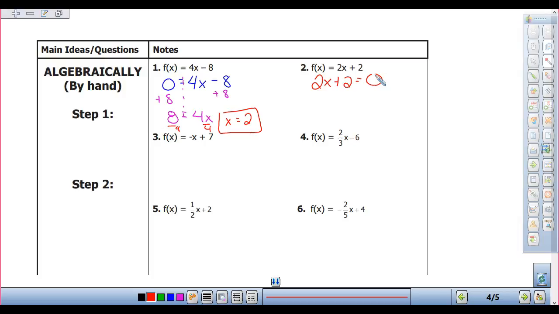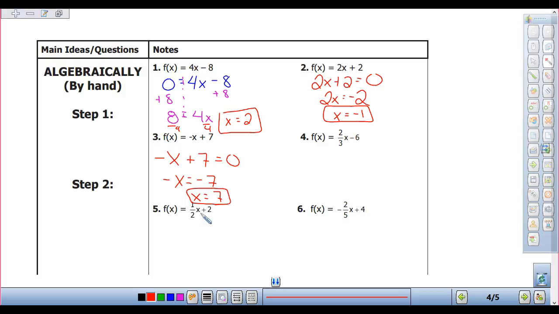I think it's easier for some reason. 2x equals -2, x equals -1, very good. Negative x plus 7 equals 0. Negative x equals -7, so x equals positive 7. There you go.